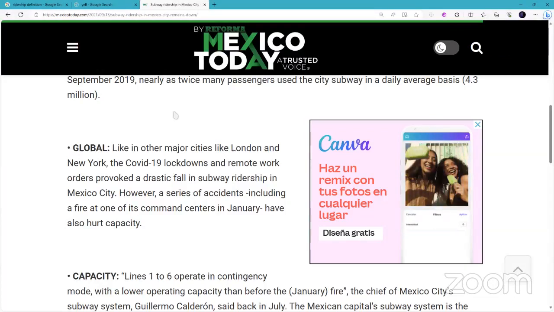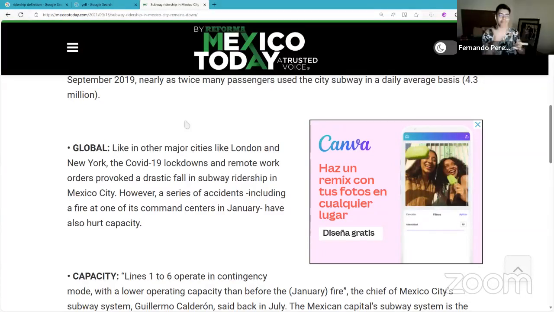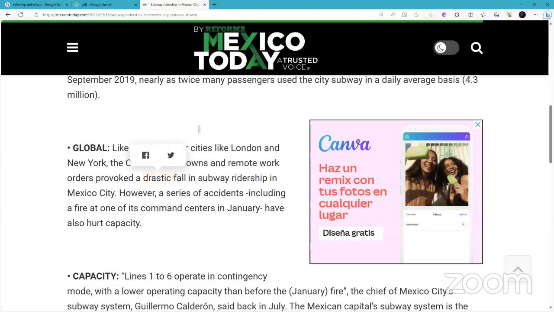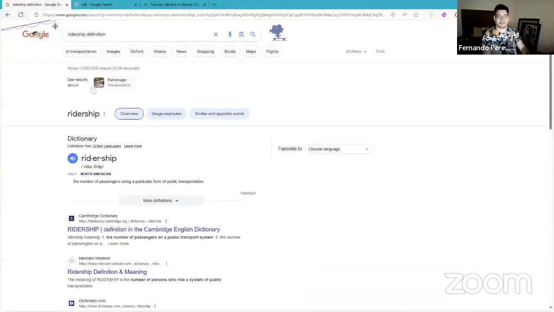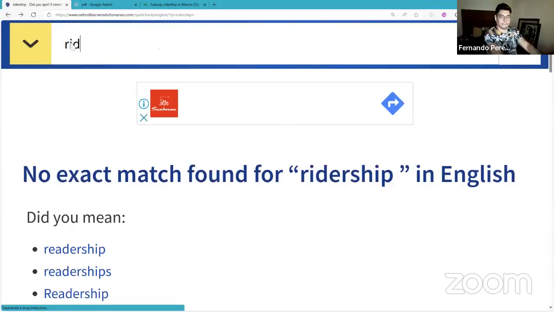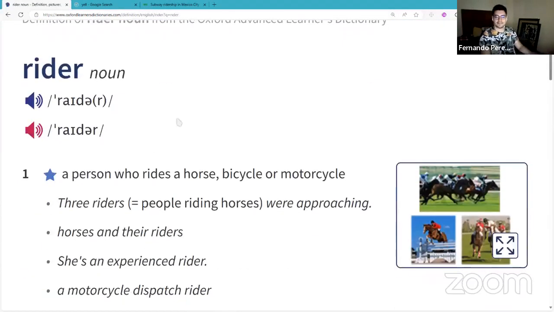What fell drastically? Ridership in Mexico City. Exactly, that's correct. But be careful with the pronunciation. Look at this.